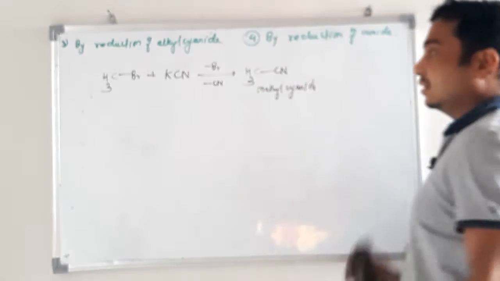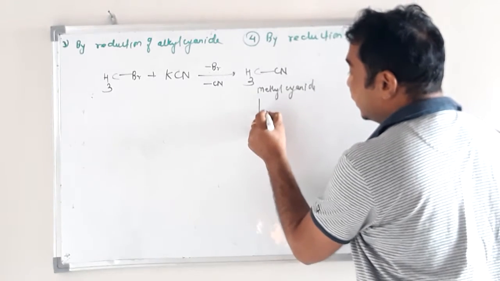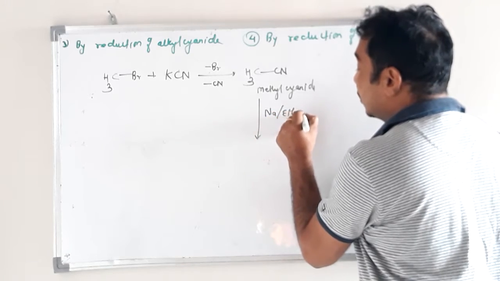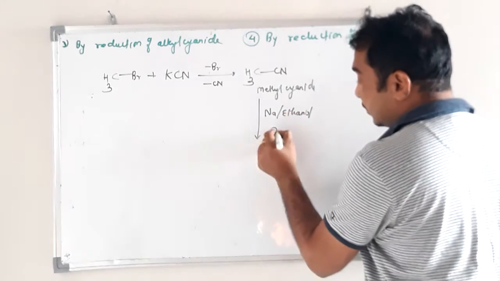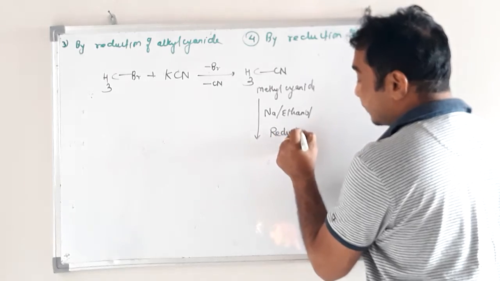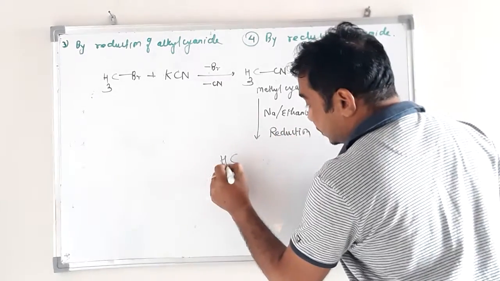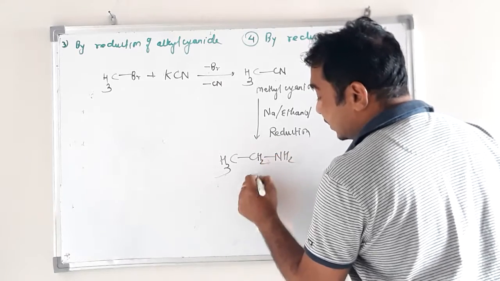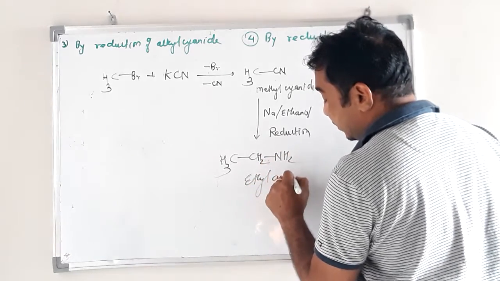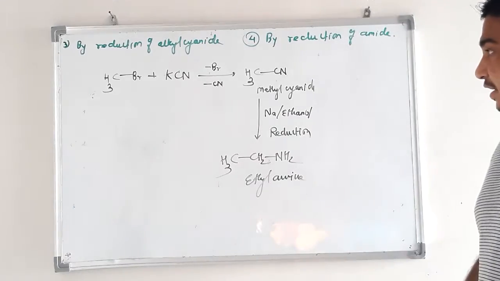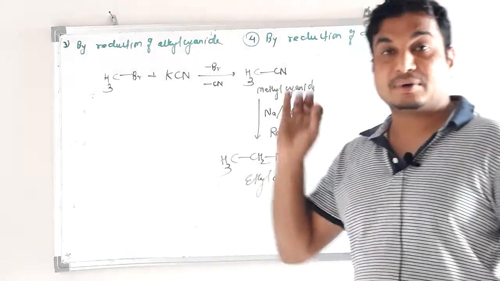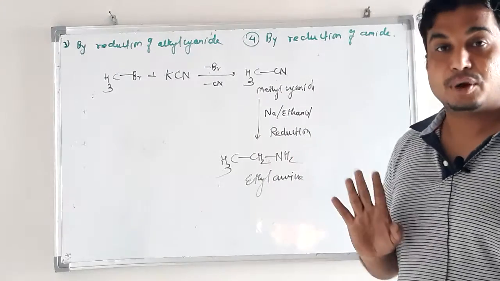Then this methyl cyanide is treated with sodium and ethanol, undergoes reduction, and it will convert to CH3CH2NH2, that is ethyl amine. So if you want to increase the number of carbon atoms, then this is the proper way.